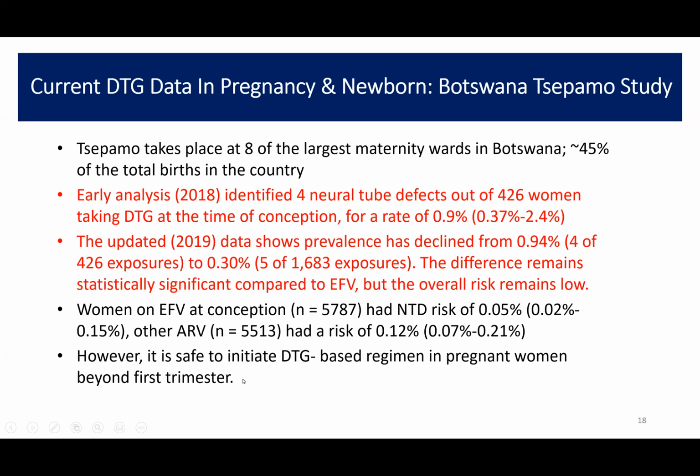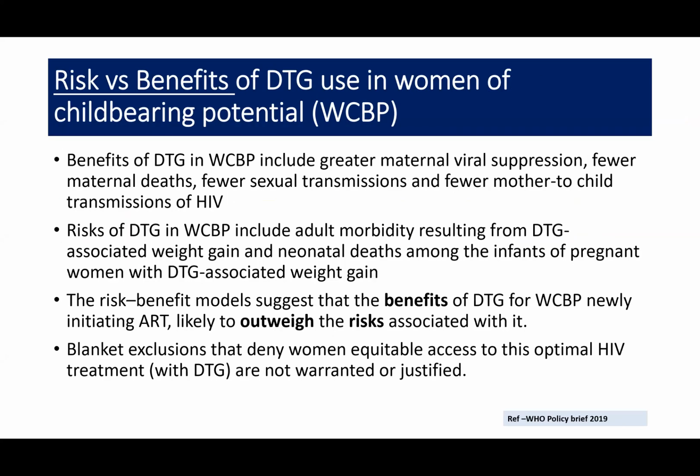However, it is safe to initiate a dolutegravir based regimen in pregnant women beyond the first trimester, I would say, because neural tube closes after first month of pregnancy, by 28 days. After that, it should be safe to use dolutegravir. But still, this is from the WHO policy brief of 2019, which compares the risks versus benefits of dolutegravir use in women of childbearing potential.